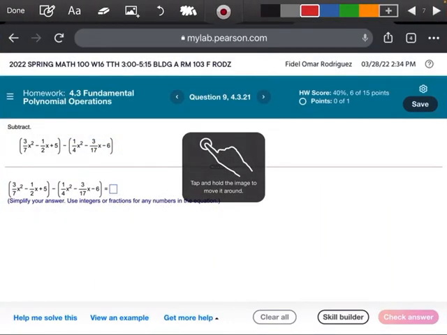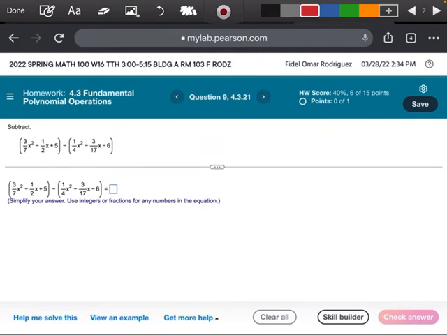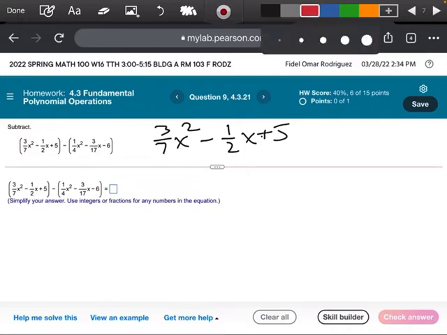So I have 3 over 7 x squared minus 1 over 2 x plus 5. The second one, since we are subtracting, I have to think of this as a -1. I'm going to go 1, 2, and 3. So that becomes a -1 over 4 x squared, a positive 3 over 17 x, and a positive 6.